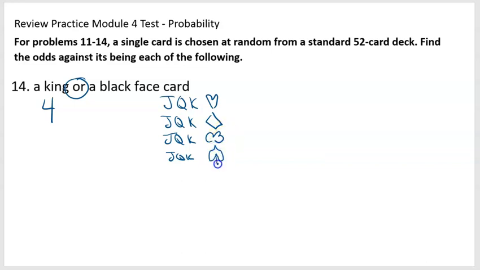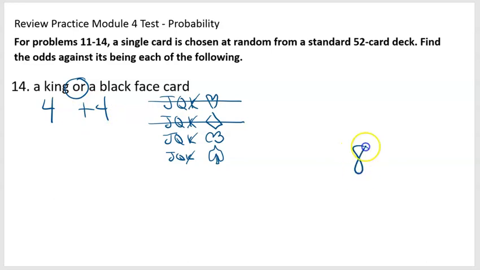I can't draw spades very well. There you go. All right. Now, we've already counted 4 kings over here, so I can't count any of these. I've already counted them, right? And I can't count the hearts or the diamonds because those are not black cards. The only black face cards we have not already included on our list are the Jack and Queen of clubs and of spades. So that's plus 4 other cards.